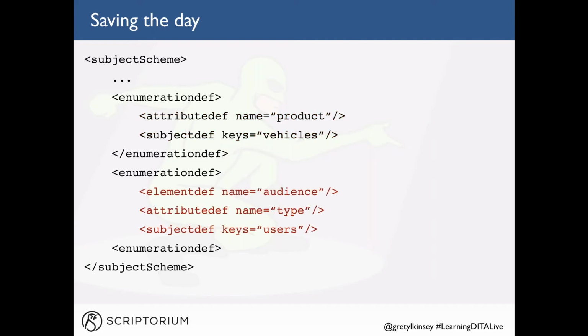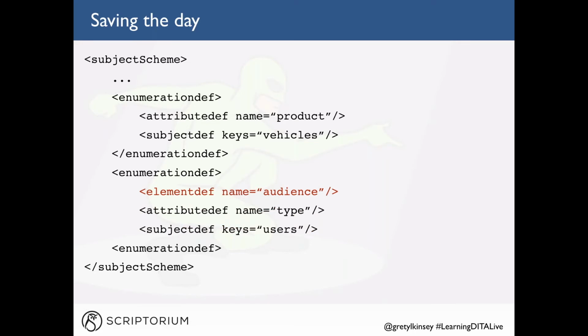So let's take a look now at this other set of values that we're binding to some metadata in our other enumeration def element. And when we look at our second enumeration def element, one thing that we notice right away is that there's an extra element that is not in the previous one, and that is called element def. Element def is optional, but I wanted to include it and talk about it a little bit because it can be pretty useful.